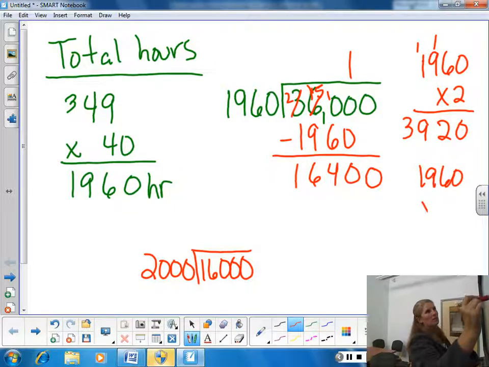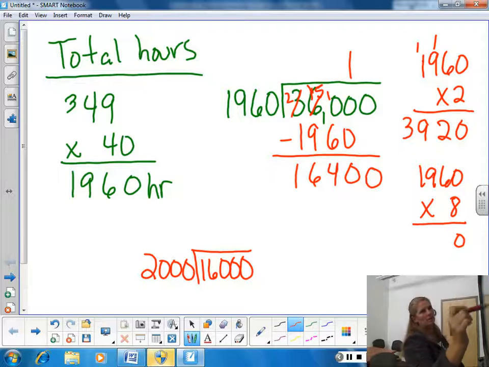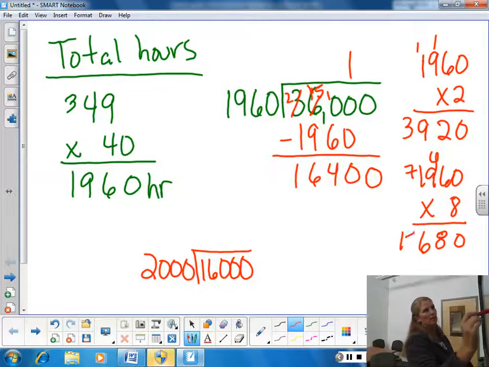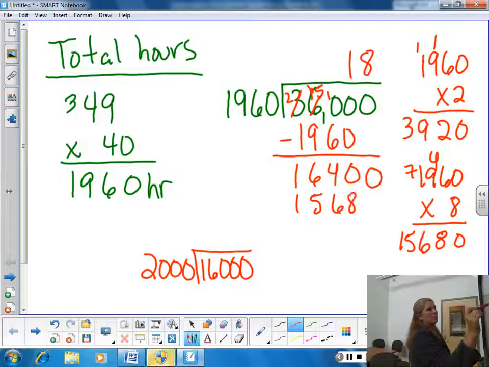I could do it right there in the problem, but I'm going to do it over off here to the side. 8 times 0 is 0. This is 48. 72 and 4 is 76. And that's 15,680. That would definitely go in there. So 8 times that is 15,680.